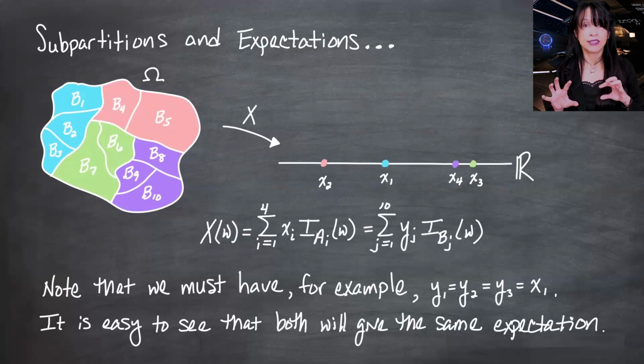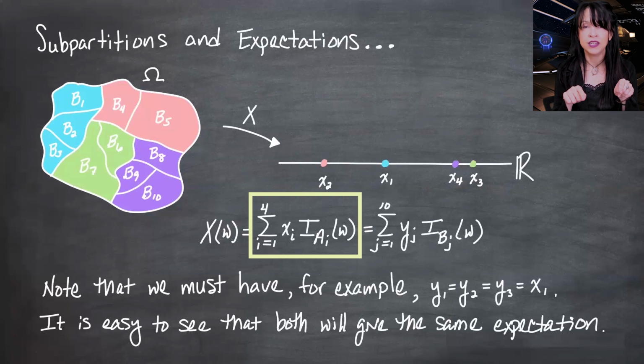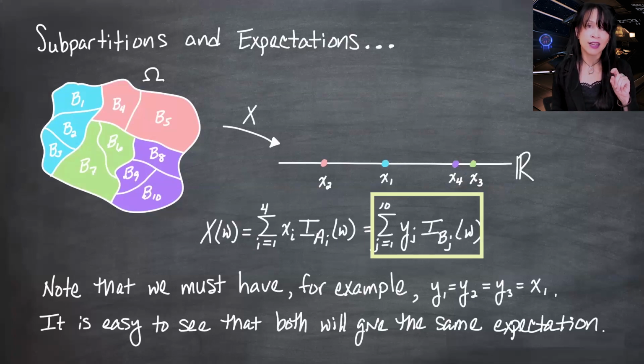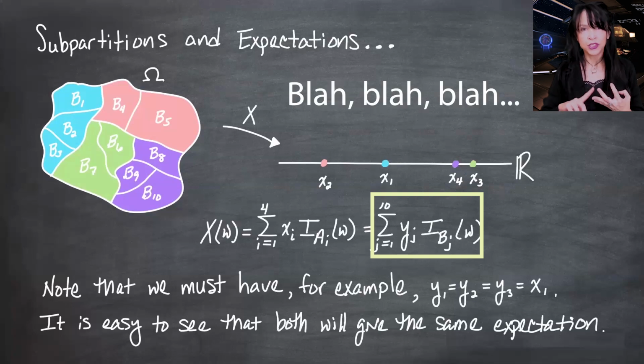And both of these will give us the same expectations, because if I take the expectation using this representation, my first term is little x1 times the probability measure of A1, which is this entire blue set over here. And the first 3 terms over here are little y1 times the probability measure of B1 plus little y2, etc. y1 and y2 and y3 must all be equal and equal to x1.